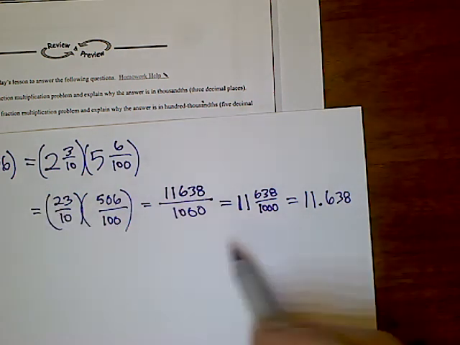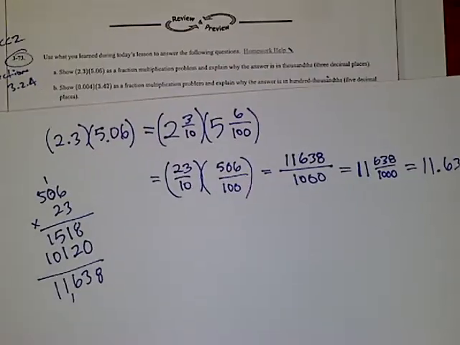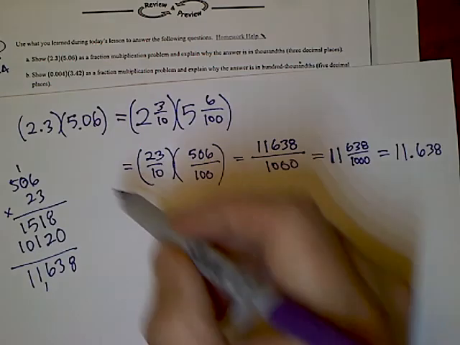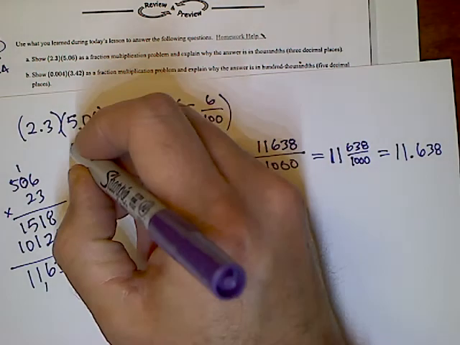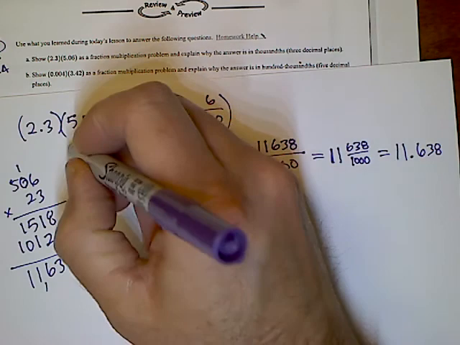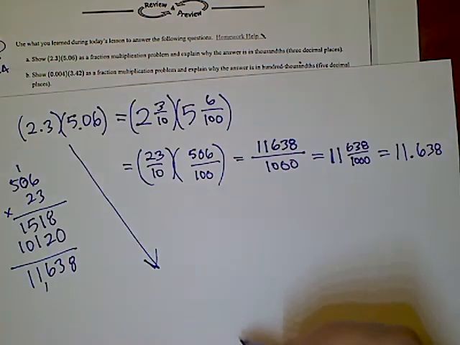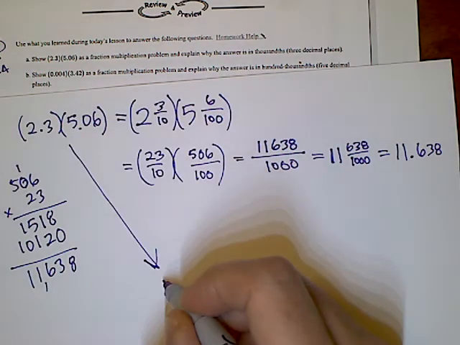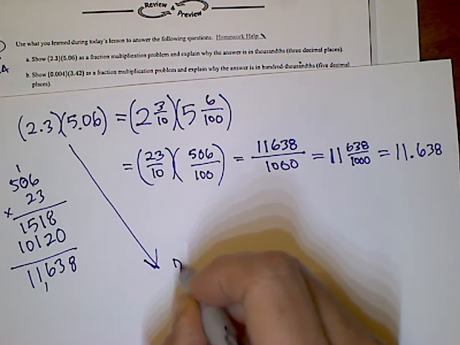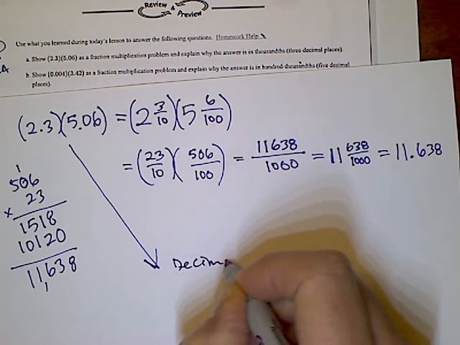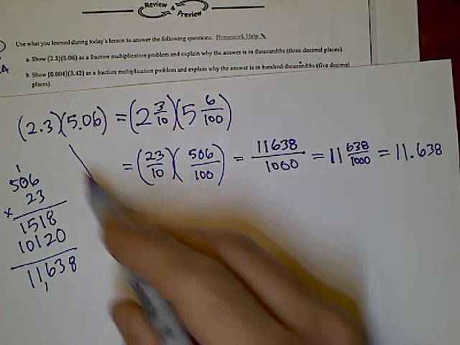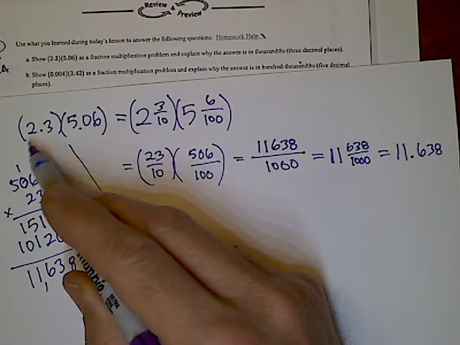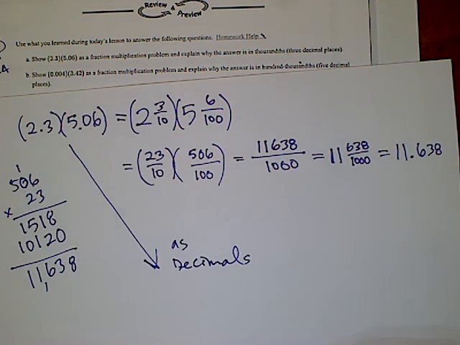So this is fraction multiplication of those decimals. But I also want to clarify and show the connection to how this multiplies as a decimal. The algorithm for multiplying decimals: you first just rewrite the digits without a decimal place.